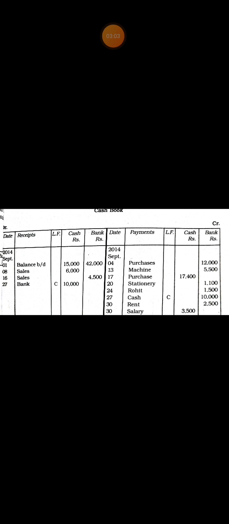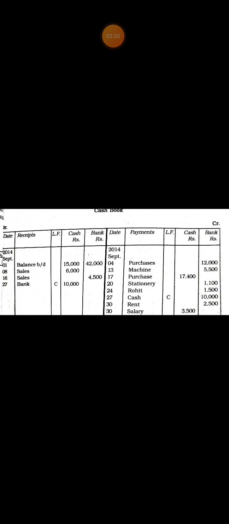Purchased stationery and paid check. Payment side, bank column. Then September 24, check given to Rohit is a payment. Write it on the payment side of the cash book. Payment side, bank column.